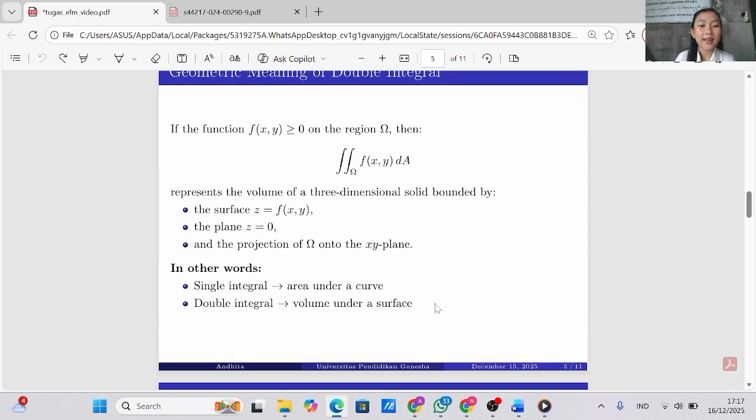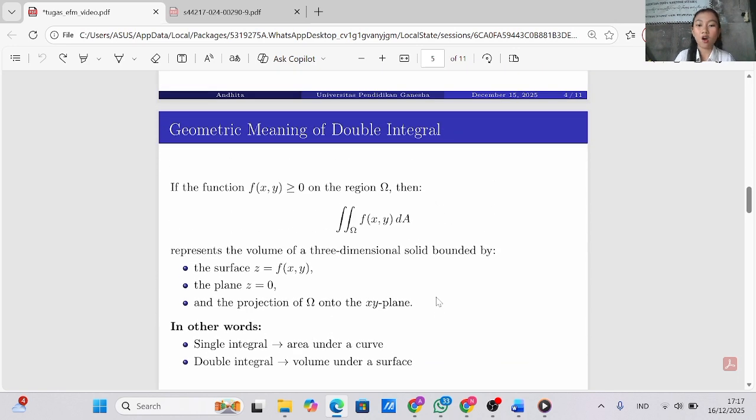Okay? Next, the geometric meaning of double integral. This slide explains the geometric meaning of double integral. If the function f(x, y) is greater than or equal to 0 on the region omega, then the double integral over omega of f(x, y) dA represents the volume of a three-dimensional solid bounded by the surface z equal to f(x, y), the plane z equal to 0, and the projection of omega onto the xy plane.